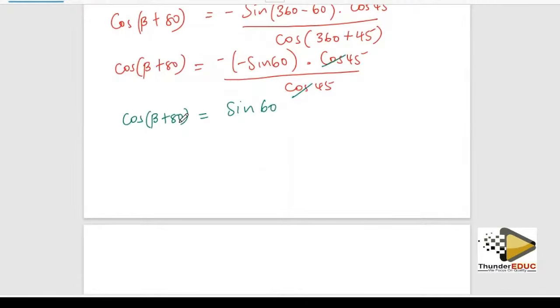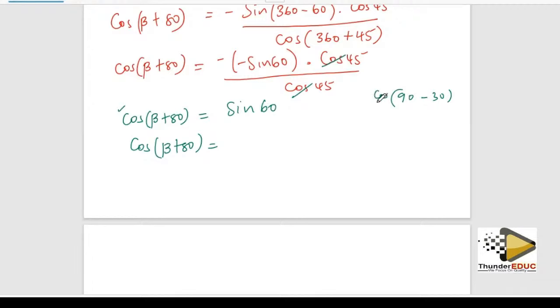Then, at this point, I need to find a way of expressing either cos in form of sine or sine in form of cos, whichever one would make sense for you. So I'll just replace this. So this is going to be a cos of (beta plus 80). If I use the co-ratios or the complementary angles, I can use 90 minus 30 will give me 60.